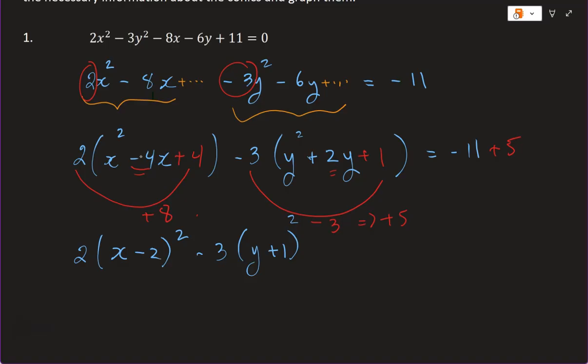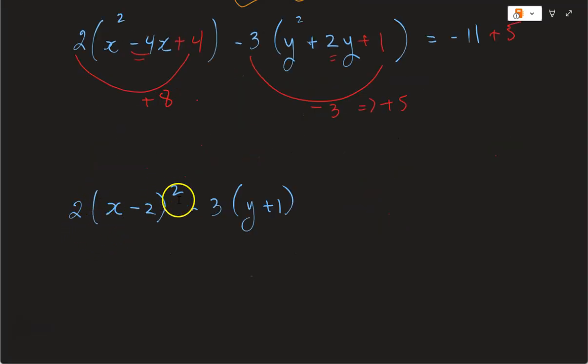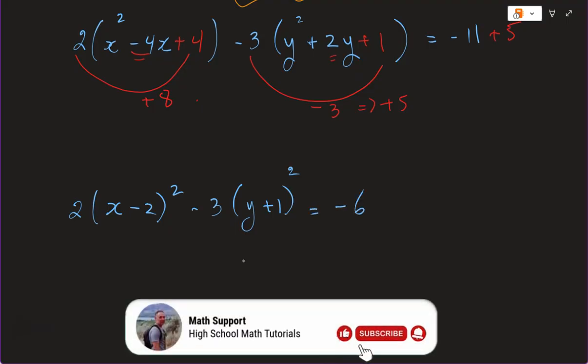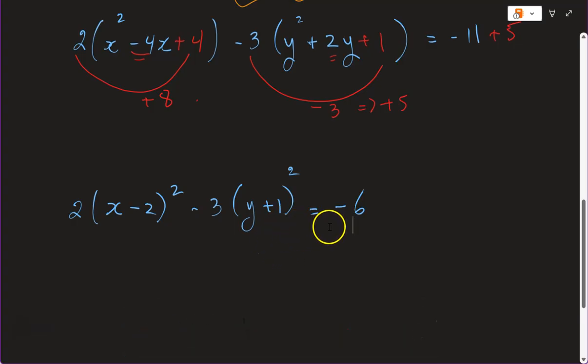So we have 2(x minus 2) squared minus 3(y plus 1) squared, and that's equal to negative 6. Okay, very good.